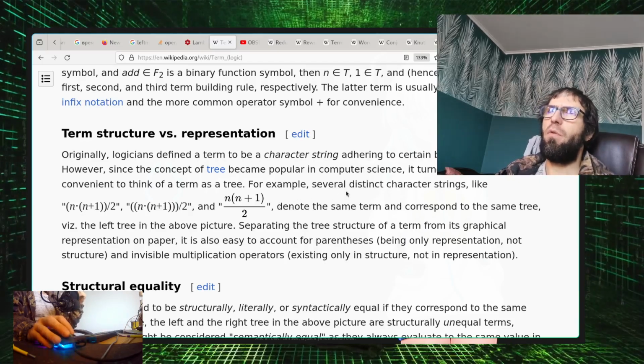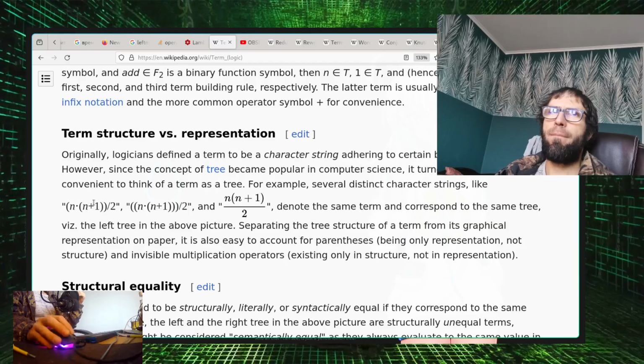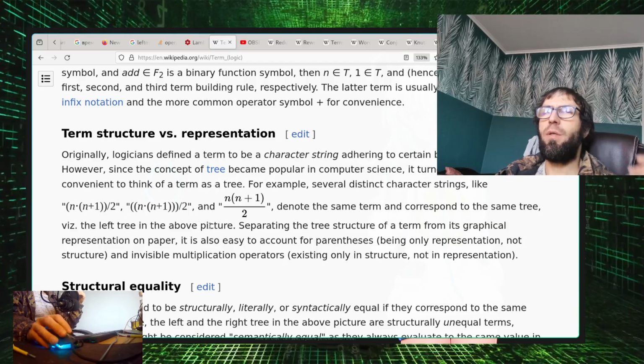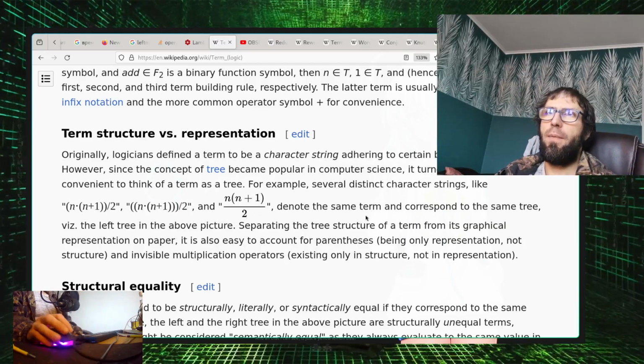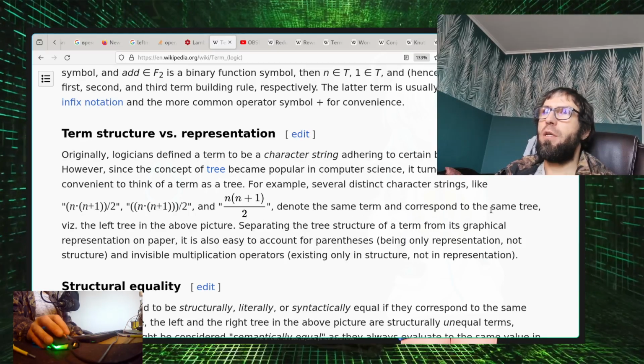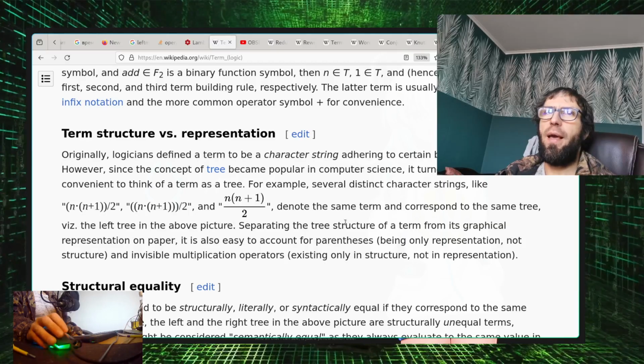For example, several distinct character strings like these and these are built by rules, and they actually represent the same mathematical object. They denote the same term and correspond to the same tree. So this is the left tree in the above picture.